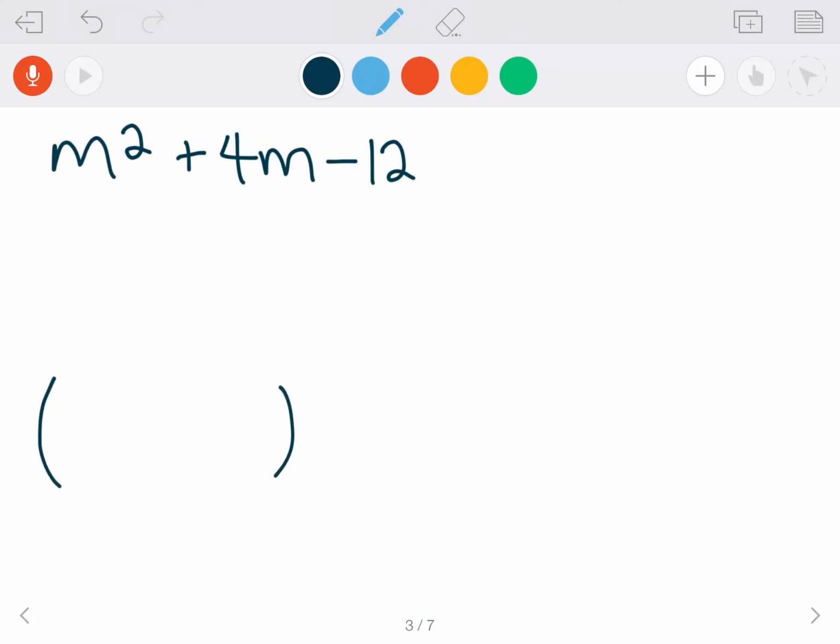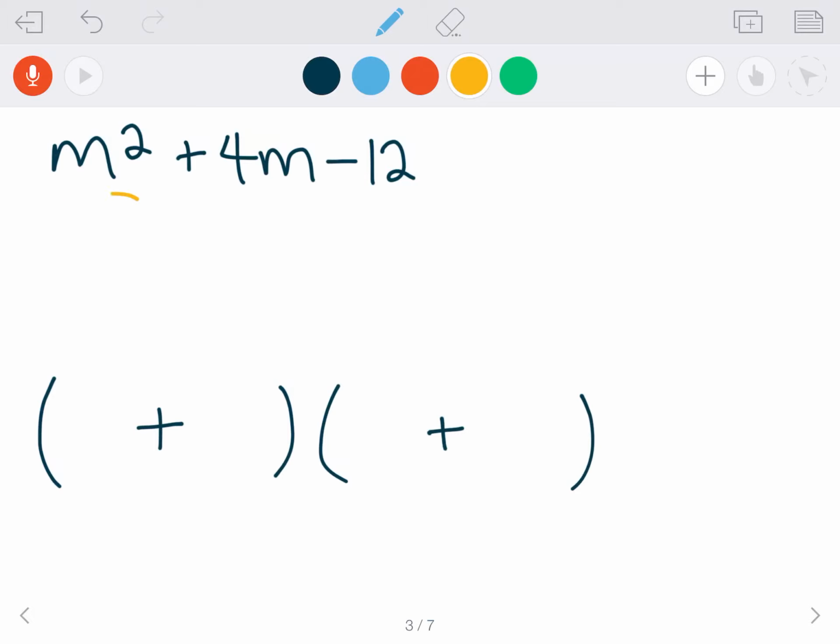So let's get started. Let's say that we wanted to factor the expression m squared plus 4m minus 12. Now I like to right away get my setup here of my two binomial expressions where we separate terms with addition.